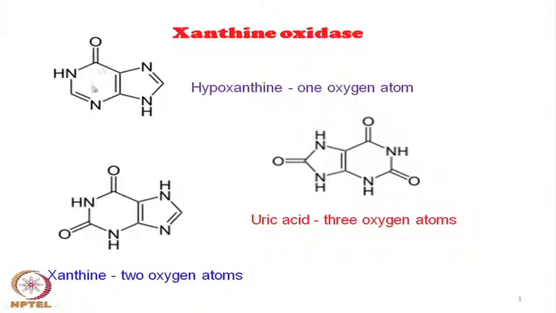So, the positioning of these carbons when we go from hypoxanthine to xanthine, that means the insertion of the oxygen atom on this carbon, is a little bit different compared to that oxygen insertion for the last step, where we get the uric acid bearing 3 oxygen atoms, that means this particular carbon center.